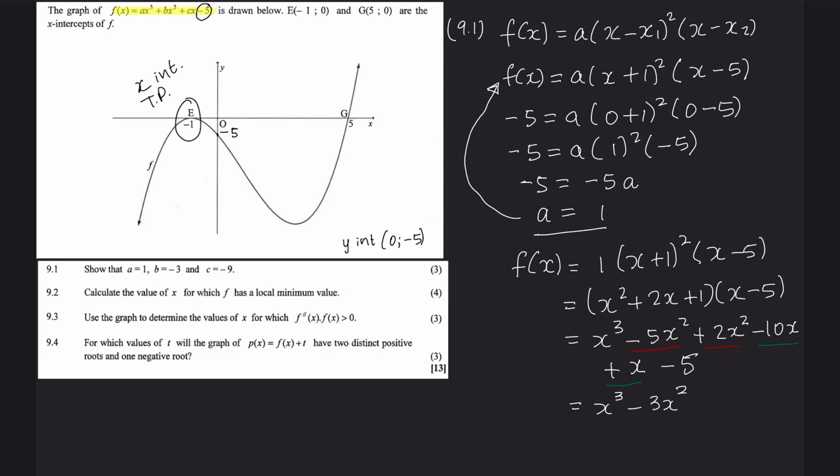Minus 10x plus x is minus 9x. And then minus 5. And we've shown now that a is 1, b is negative 3, and c is negative 9. Okay, let's move on.